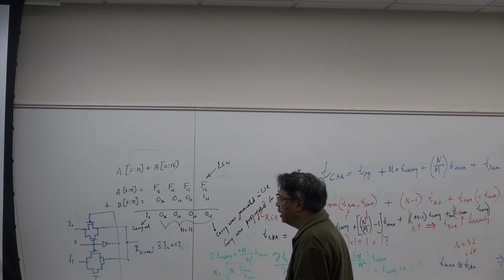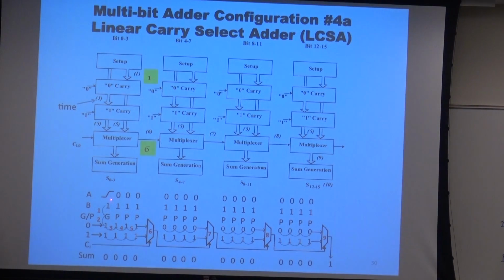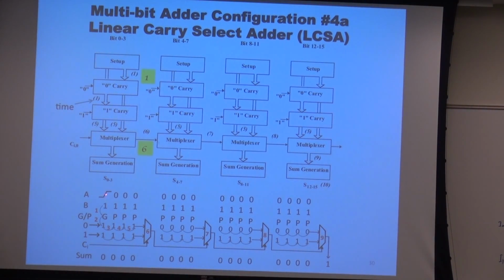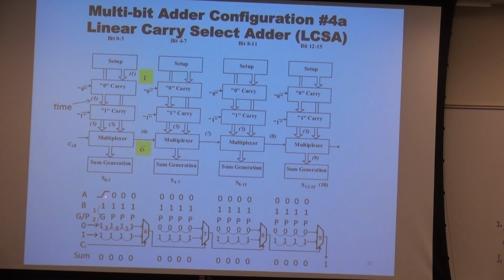So look at this one. Basically, B is 1, 1, 1, and A's first bit is 1 and the rest are 0, right? So the sum will be propagation multiplied by the carry input here. The propagation function is 1 and carry in is 1, so the sum is 0.